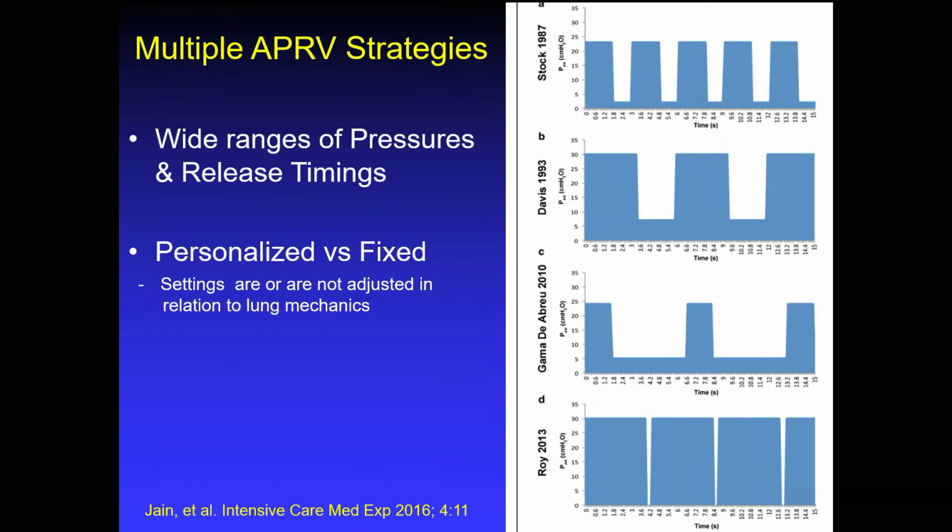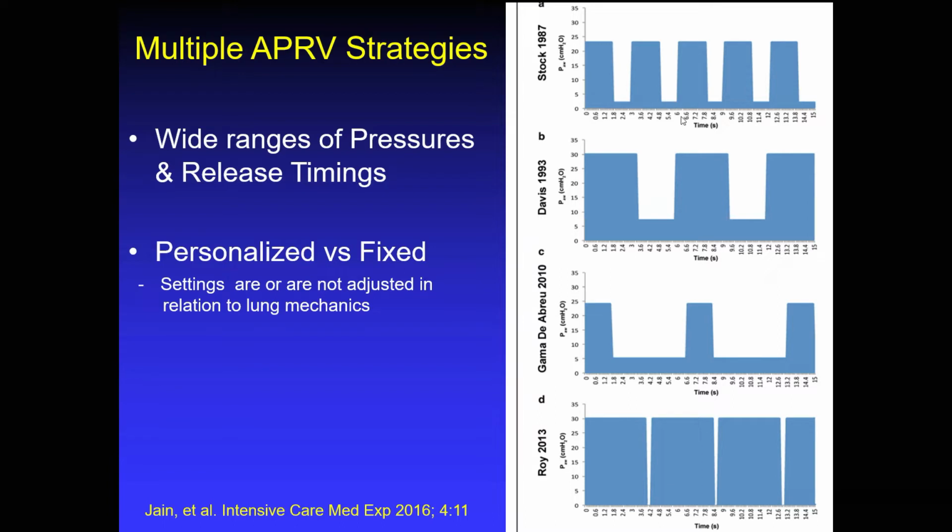There's also been a number of different ways that APRV has been utilized, and you'll find in the literature under the nomenclature of airway pressure release ventilation wide ranges of pressures and release timing and personalized versus fixed ways to do APRV, depending upon whether settings are or are not adjusted in relation to lung mechanics.